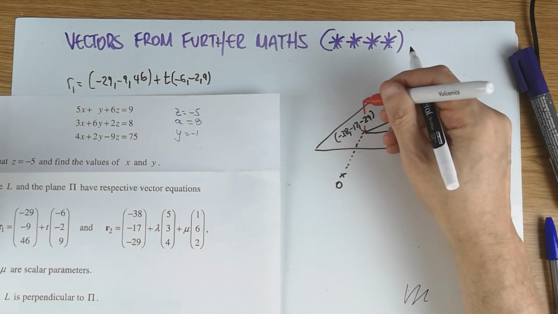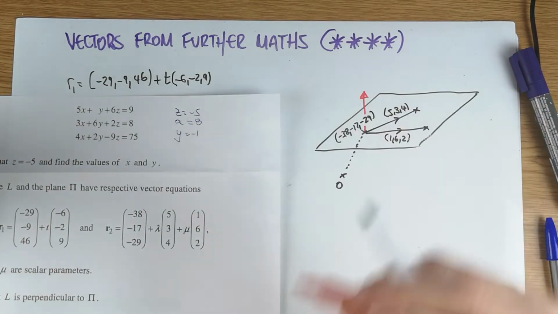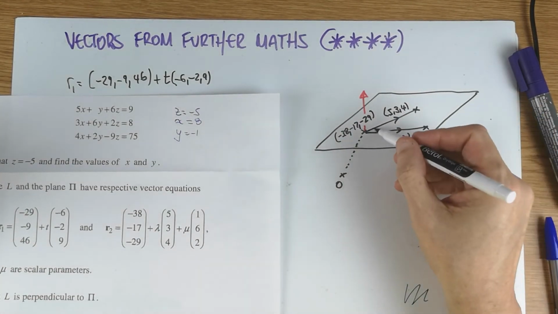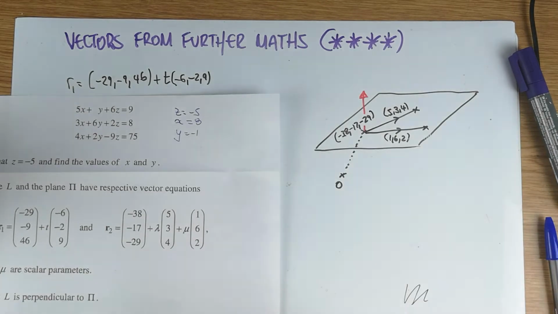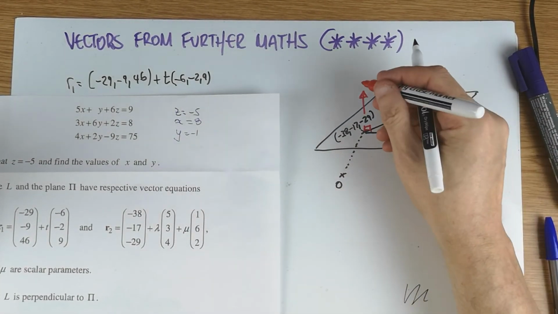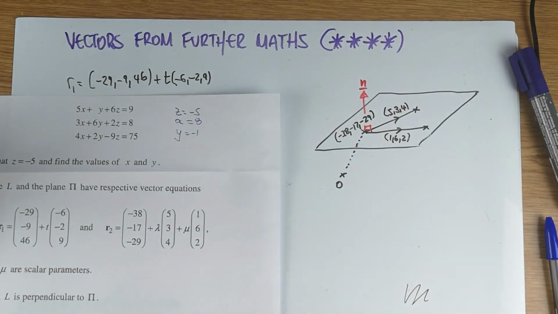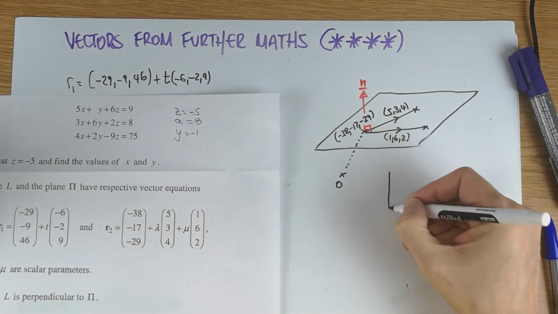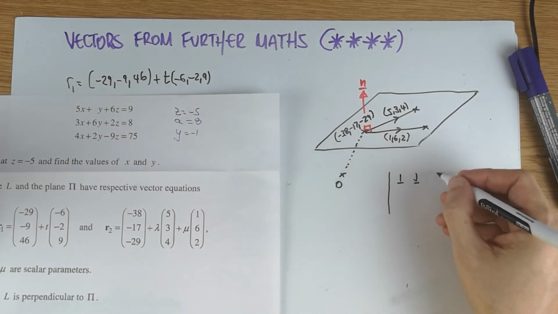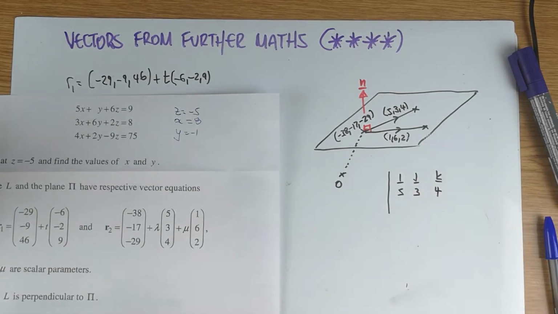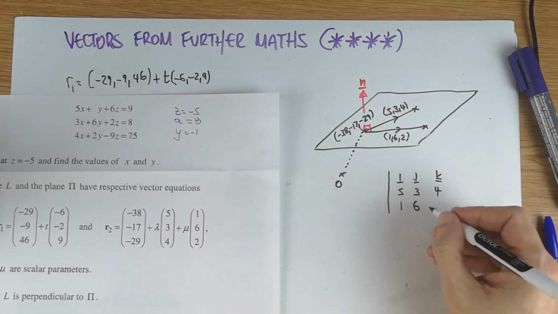And if we cross these two particular vectors, we can get a mutually perpendicular vector, which is going to be a normal to the plane. So the next thing to do is, of course, a quick cross product. i, j, k, 5, 3, 4, 1, 6, 2.